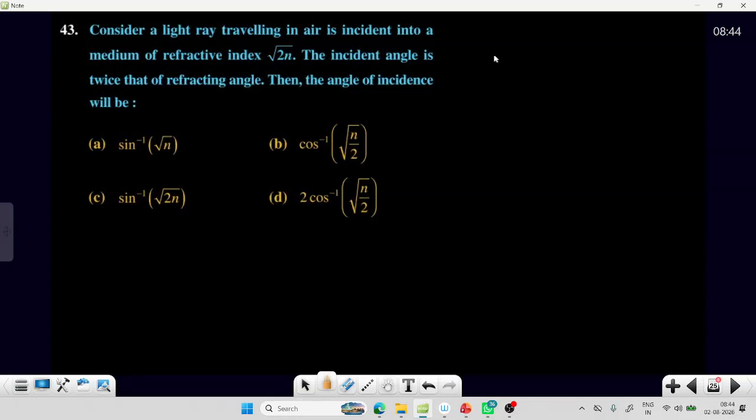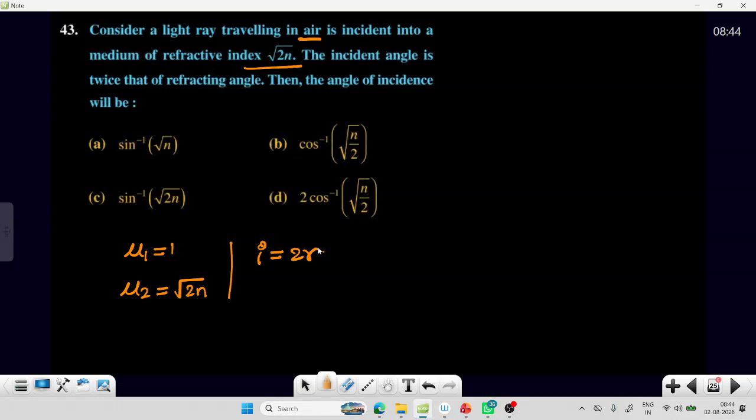Same thing now. The only difference is what they have given. The first medium is air and the refractive index of the second medium is root 2n. Here the condition: mu1 is given as 1 and mu2 is root 2n. And initially I is equal to R only.